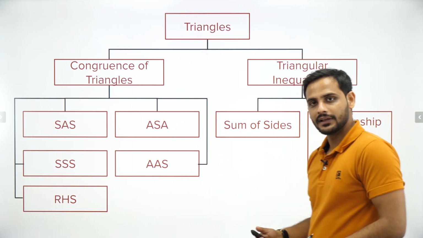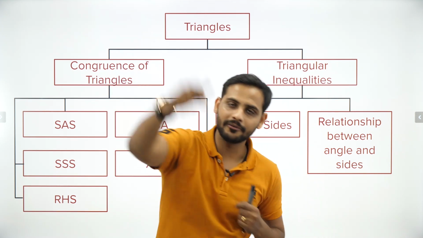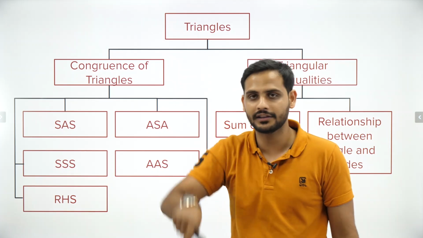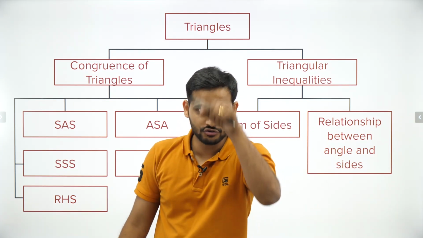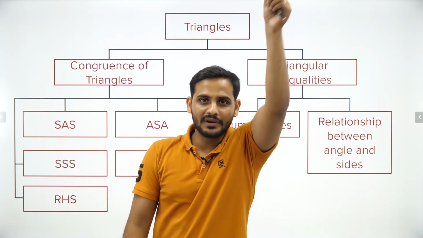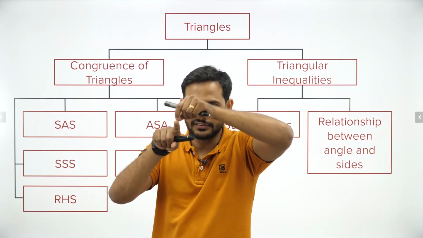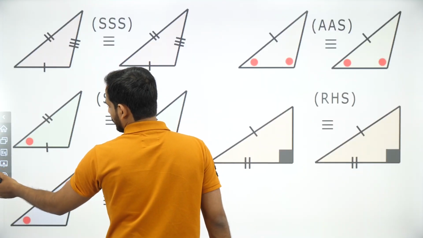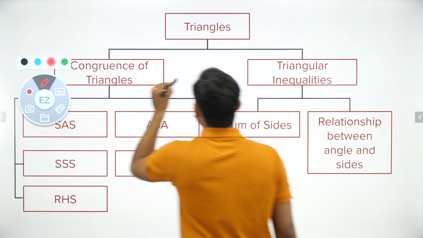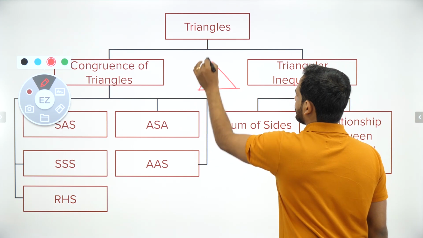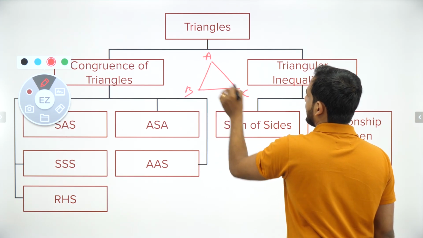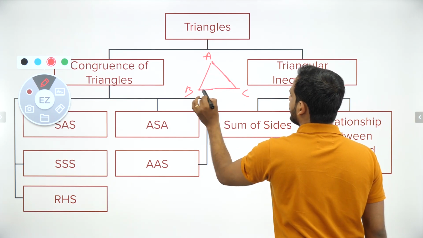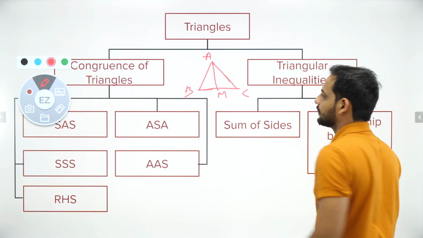So draw the diagram. Mark the important points which are given. If they are giving AB is equal to BC, mark it here. If they are giving angle B is 90 degrees, show it there. If it is a median, show that too. Let us say AM is a median to triangle ABC. Don't just draw AM and leave it.